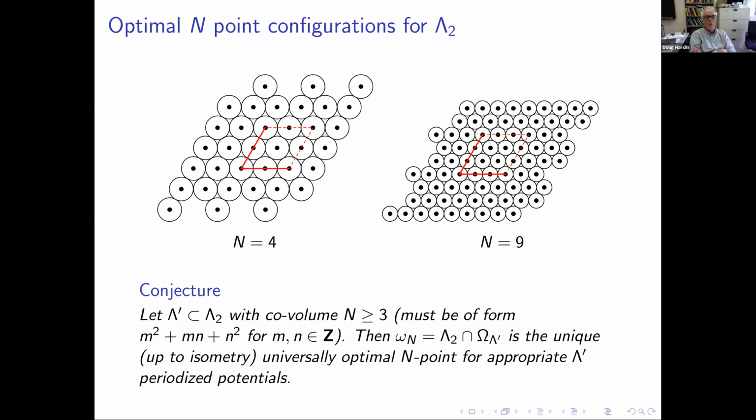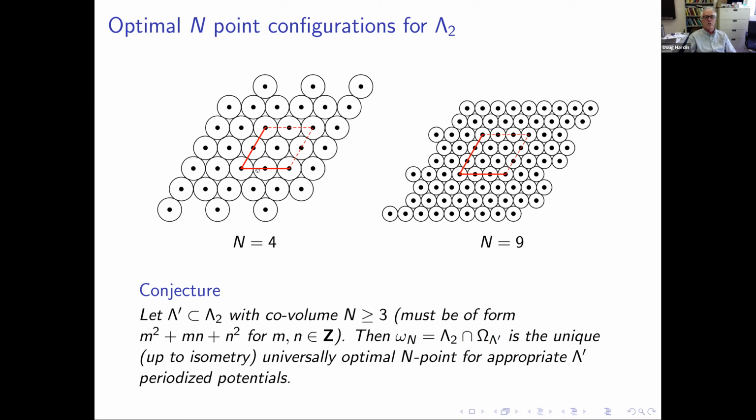One way of formulating the universal optimality from R^d, a consequence in the periodic setting, is that whenever you take a sublattice of a universally optimal lattice, then you'll necessarily get a universally optimal endpoint periodic configuration.